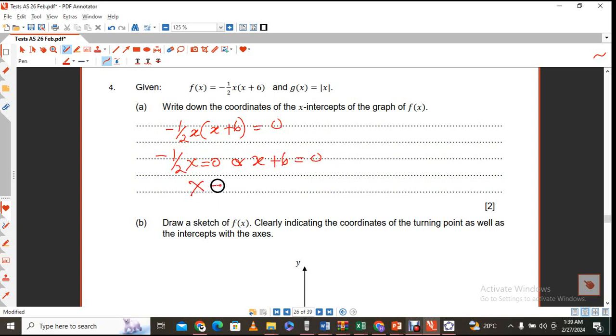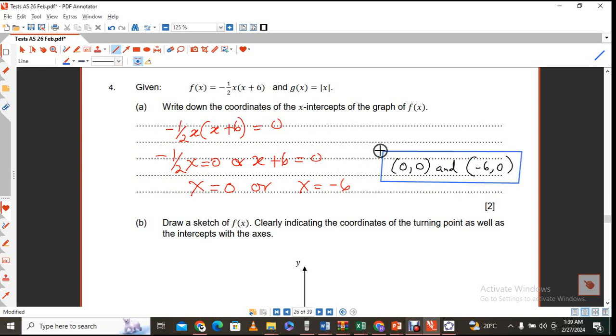In this case, x will equal 0, or x will equal negative 6. So the answer as coordinates will be: the x-intercepts are (0, 0) and (-6, 0), because again they ask us to give the answer as coordinates. So it is very important that you do so.